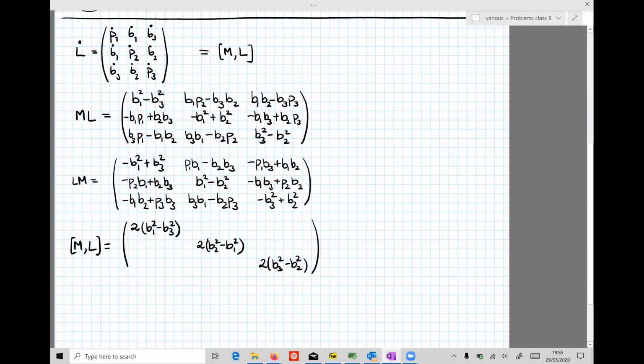That looks good. Now let's look at the terms off the diagonal. First, entry 1,2. Nicely, the terms that involve the product of two B's cancel out when we take the difference, so we just have B1 times P2 minus P1.